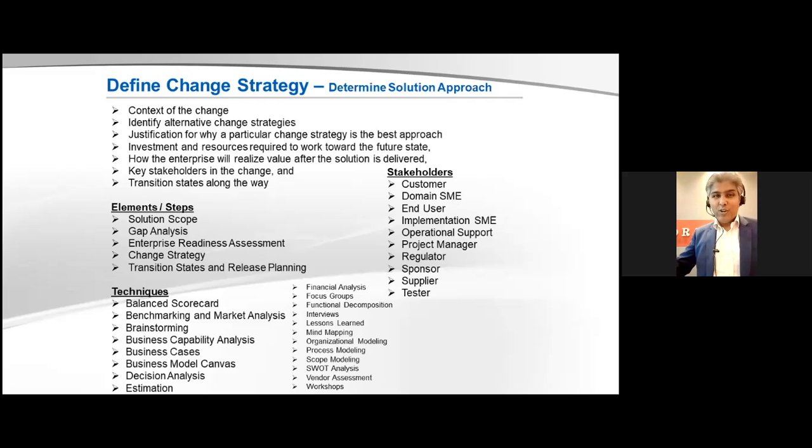But still, you let the people choose it. Then there are transition states, like how we will achieve that. If we can't have 100% automation together, there should be transition states. Like you'll say, all right, we will do a module by module approach, or a department by department approach, or a process by process approach. This is your release planning, how these things will be implemented.